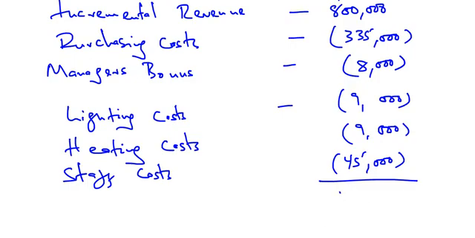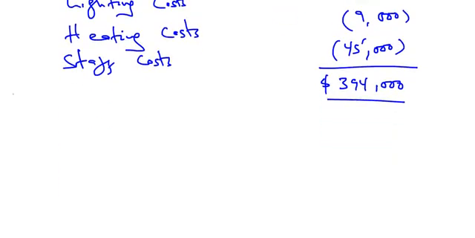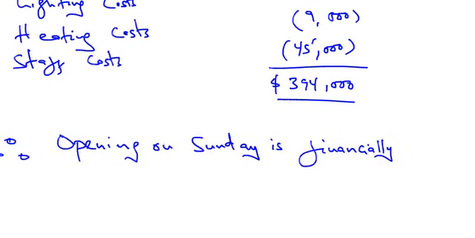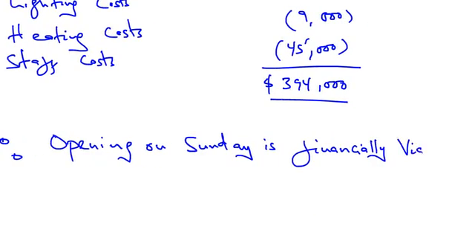And we get a positive figure of, and remember the decision rule we talked about, if the benefits exceed, that means the conclusion is that opening on Sunday is financially viable.